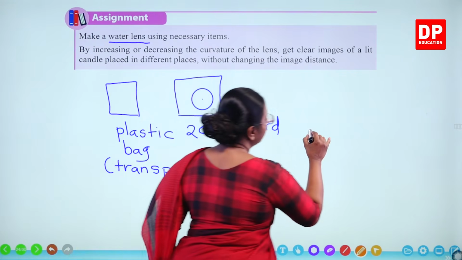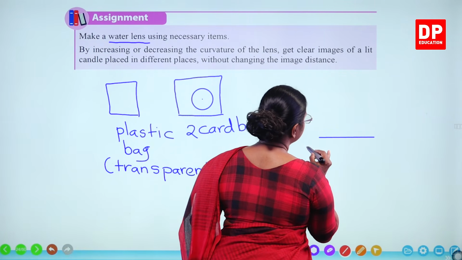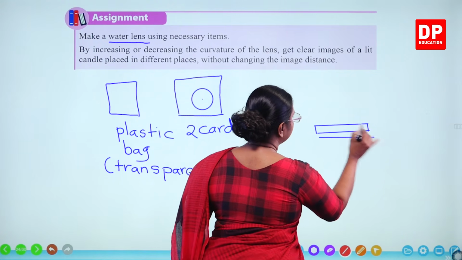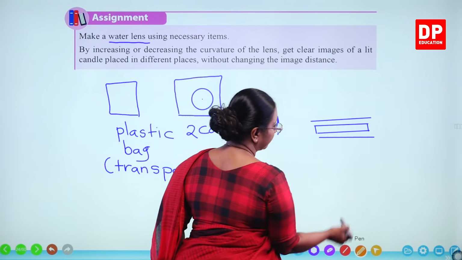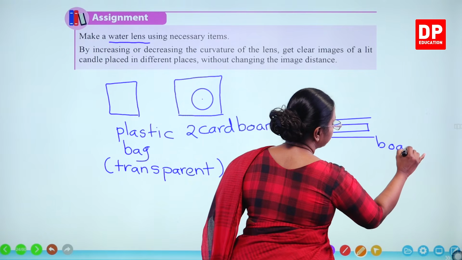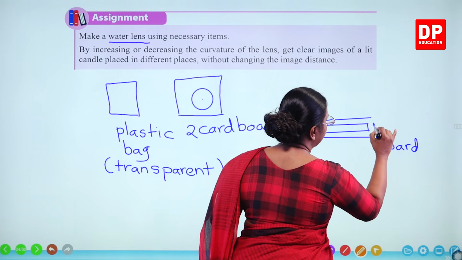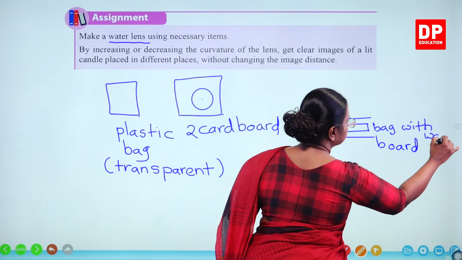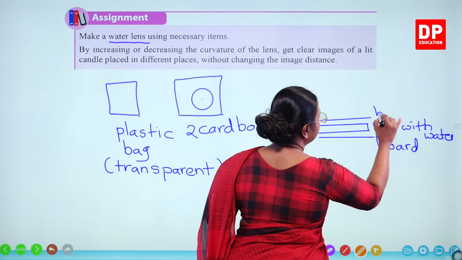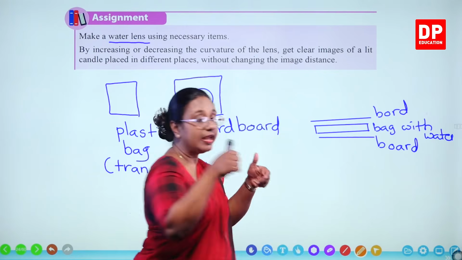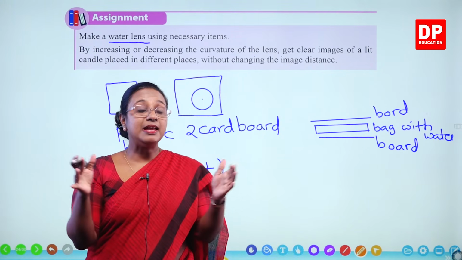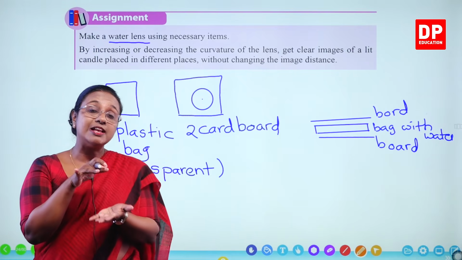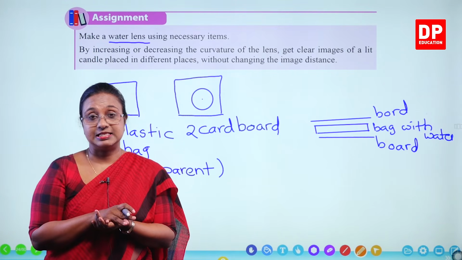So you have the cardboard here, then you have the bag containing water, and again on top you have the board. When you press it together and make the water come into this circle, you can see it will rise up like a lens.